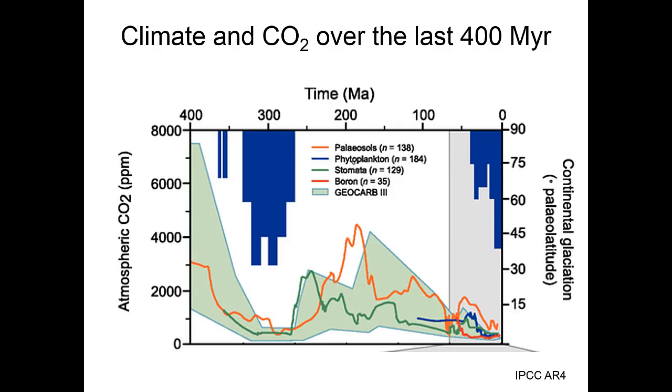As we see, extensive glaciation is confined to really two periods in the last 400 million years. First of all, the last 30 million years, and secondly, this period around 300 million years ago, a time called the Late Paleozoic Ice Age. Interestingly, both of these periods of extensive glaciation correspond with periods of fairly low PCO2.